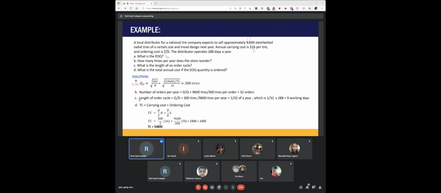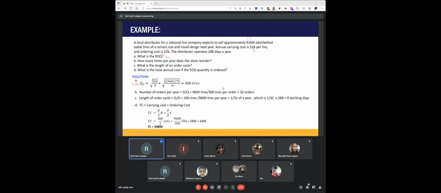Now the third question, what is the length of the order cycle? By formula, the length of order cycle is Q over D. Baliktad aning sa letter B. Okay, so 300 tires divided by 9,600, that gives you 1 over 32 a year.